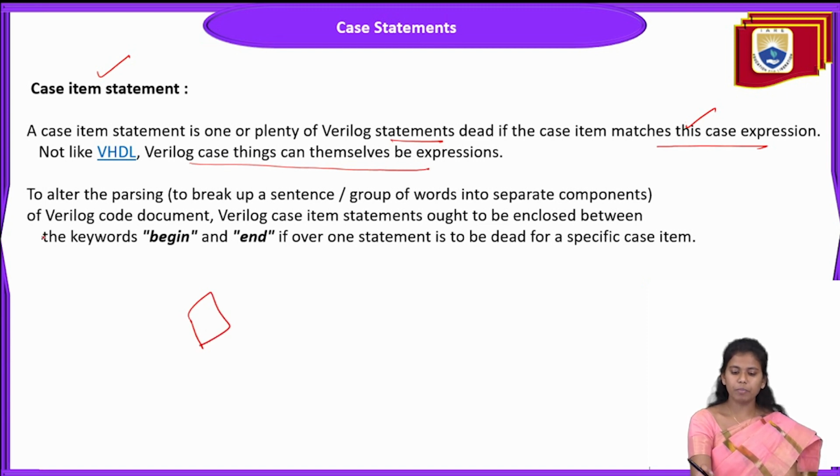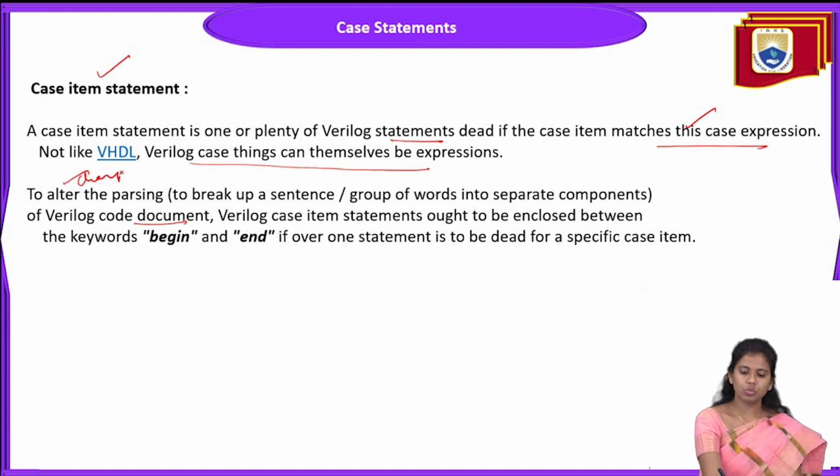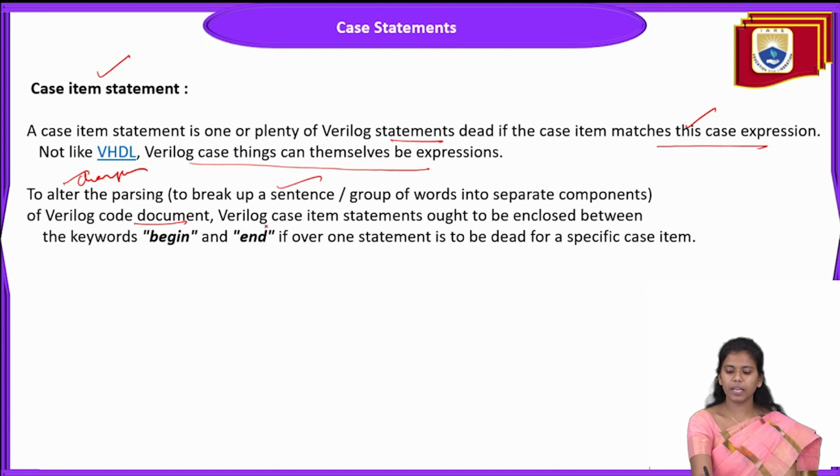So to alter the parsing of the Verilog document, what does this word parsing mean? Parsing is nothing but the breakup of a sentence or a group of words into separate components.